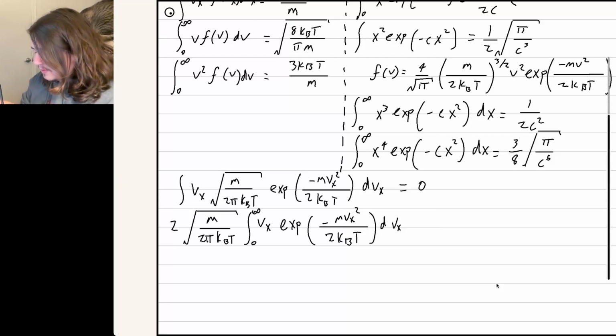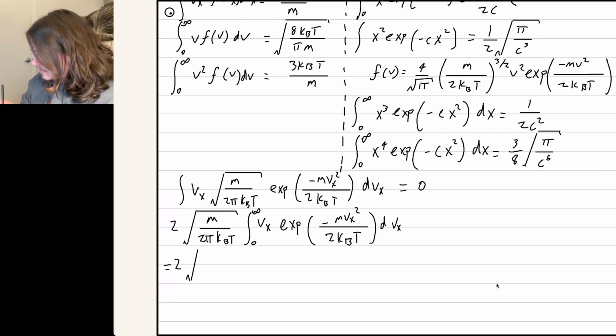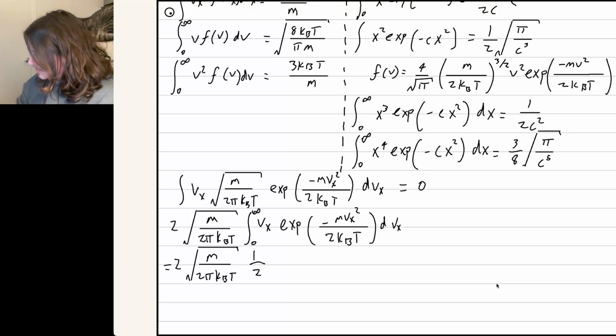So using that, 2 times the radical, and this is going to be 1 over 2c. So 1/2, and then c is 2 times kbt over m.